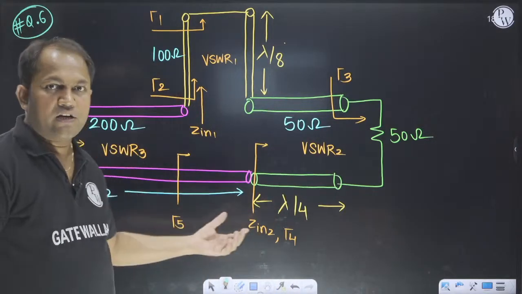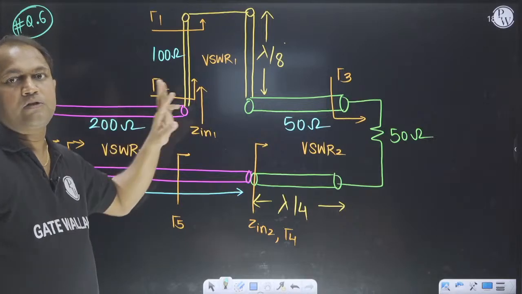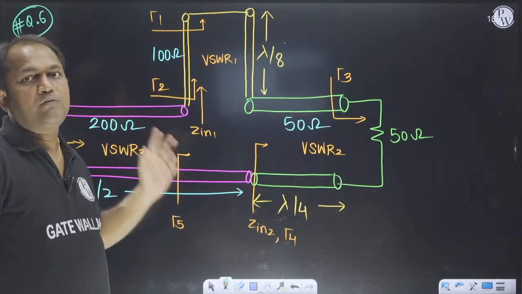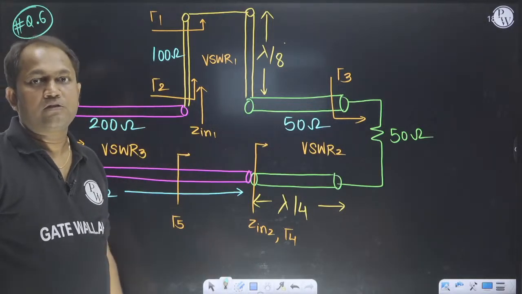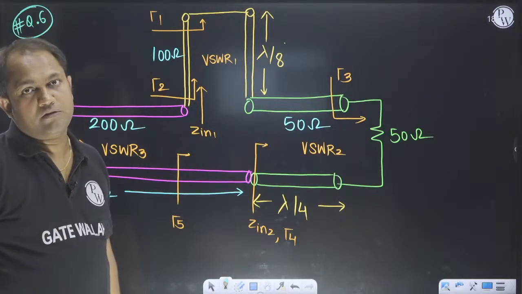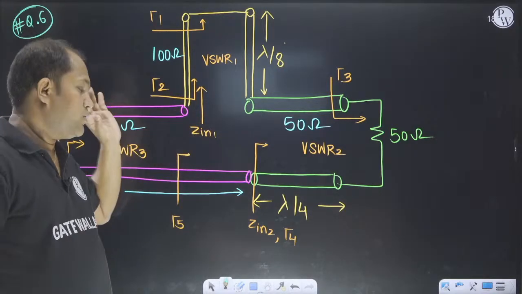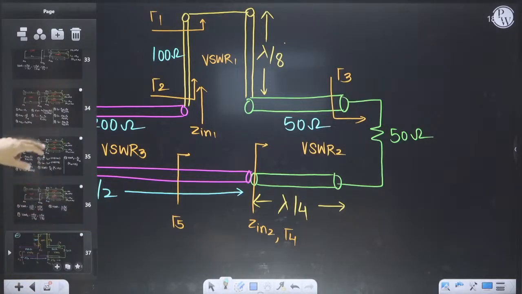This is not a single problem: 3 VSWR questions, 6 reflection coefficient questions, 3 impedance questions. So there are 12 questions, and many other things. You have to understand these questions, and we will follow them. Okay, so this is our self-assessment question.